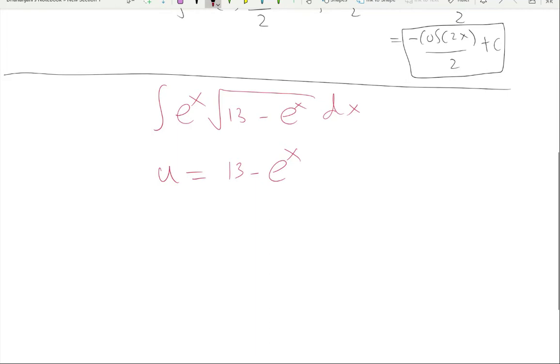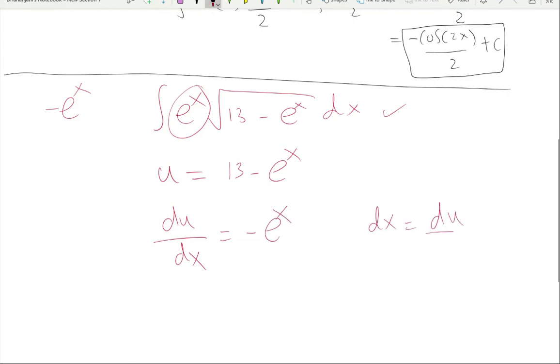And the derivative of negative e to the x is negative e to the x. Do we have negative e to the x somewhere? We have e to the x but not negative, but do we care? No, it's totally fine. We can still use integration by substitution. So du over dx is negative e to the x, so dx is du over negative e to the x.